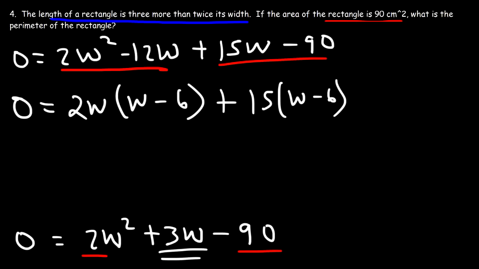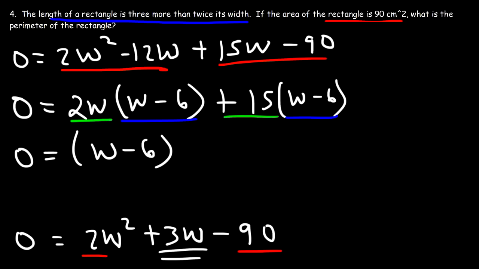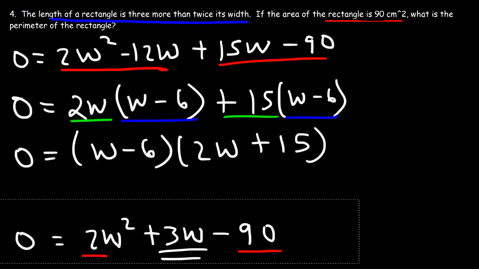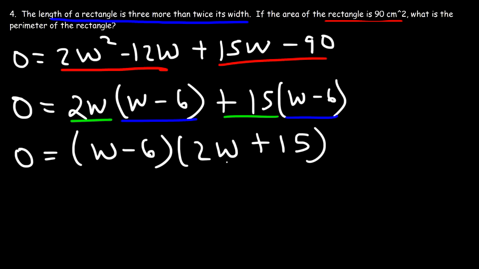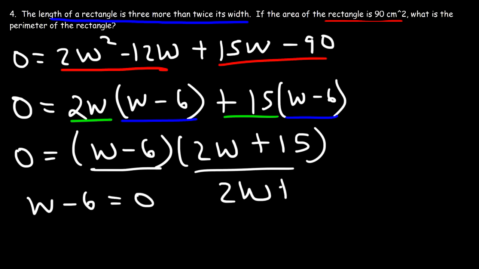And so at this point, you can see we have a common factor. If we take out w minus 6, we will be left over with 2w plus 15. And so at this point, we can now calculate the value of w. We need to set each factor equal to 0. So w minus 6 equal to 0, and 2w plus 15 is equal to 0.